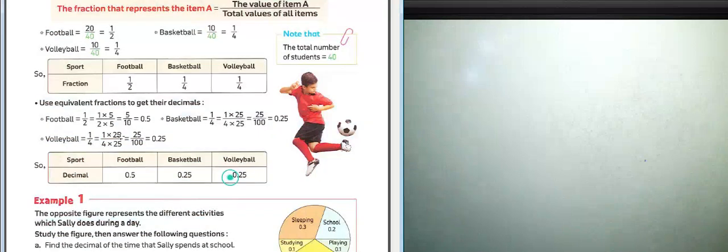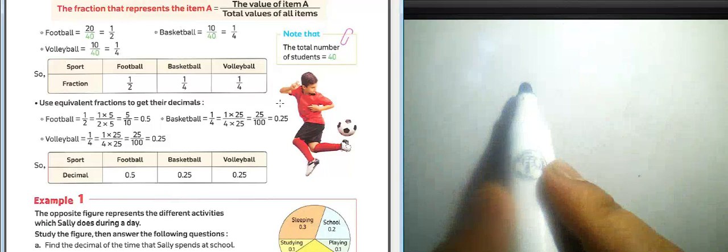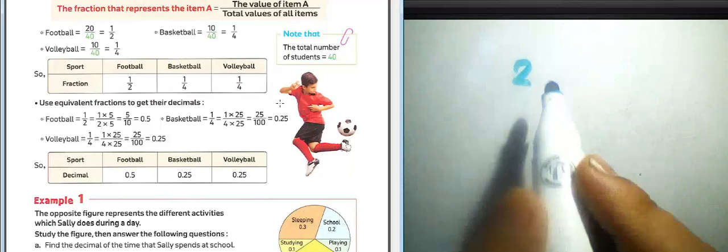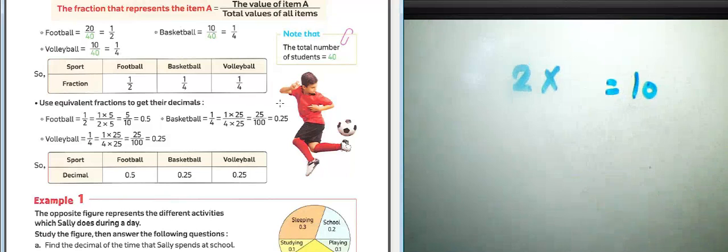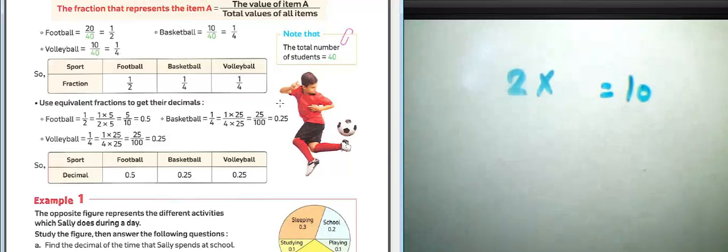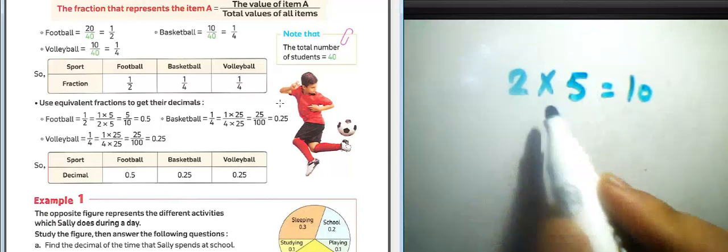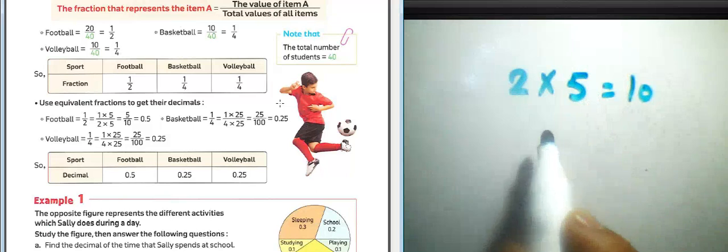You can convert from fraction to decimal by multiplying numerator and denominator. Do you remember? We studied before. If we have 2 in the denominator, we must convert it to 10 by multiplying by 5, because 2 times 5 equals 10.